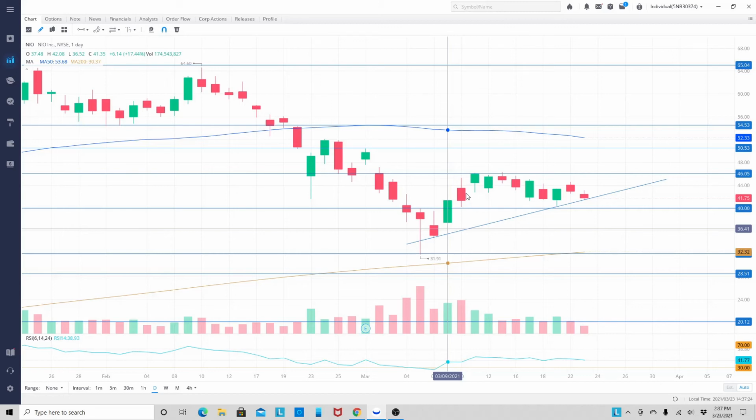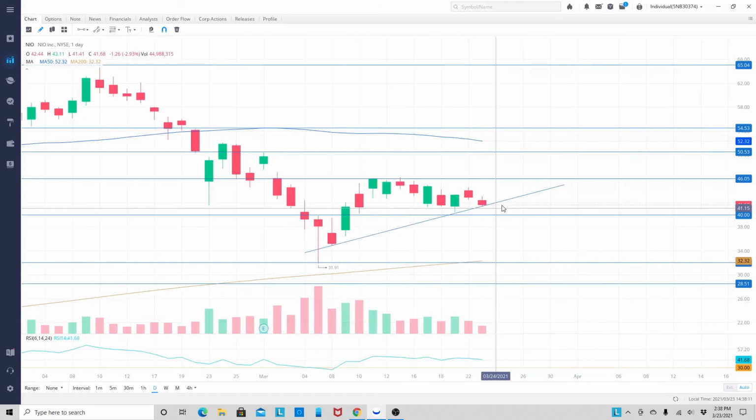If it doesn't hold this trend line, I think we're going to see this thing drop to our $40 support and possibly below our $40 support, maybe even moving towards that 200-day moving average, possibly testing this bottom again.